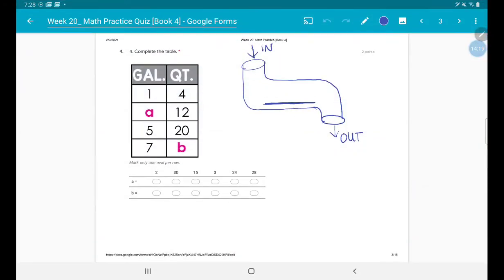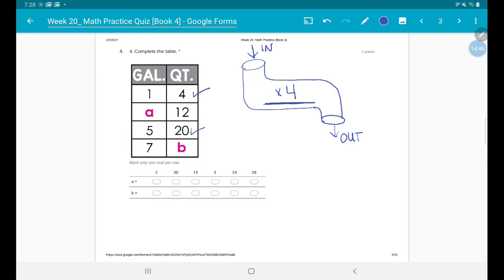So I know that 1 times 4 equals 4. Let's see if that works for this set. Let's see if it works for 5 and 20. If I drop in a 5 and I multiply 5 times 4, I would get 20 out. So that works.